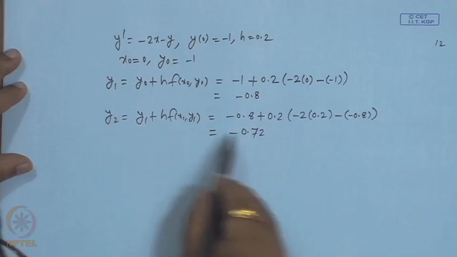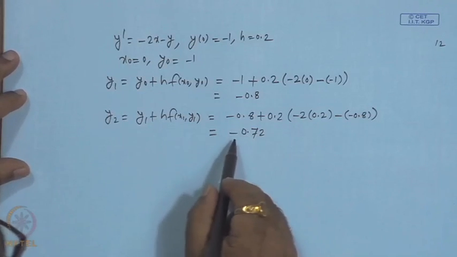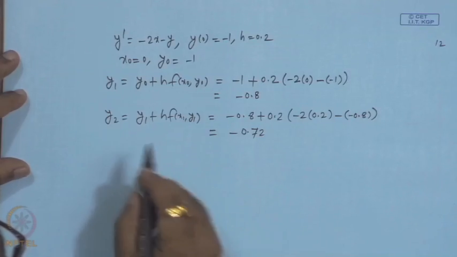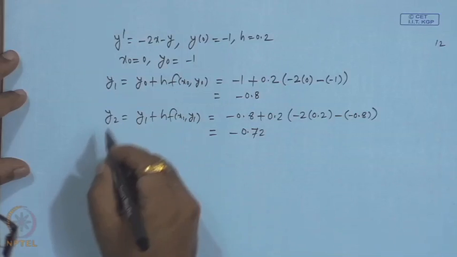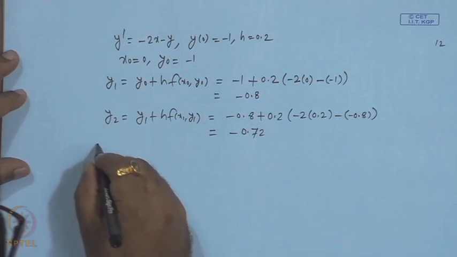So, we got y 1 and y 2 using Euler method. That means we have all the data, we have y 0, y 1, y 2.